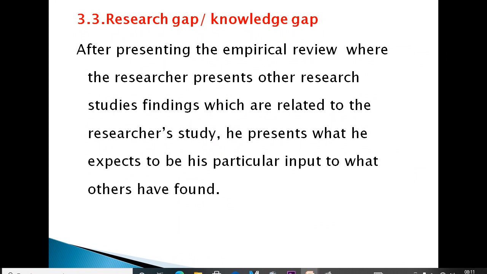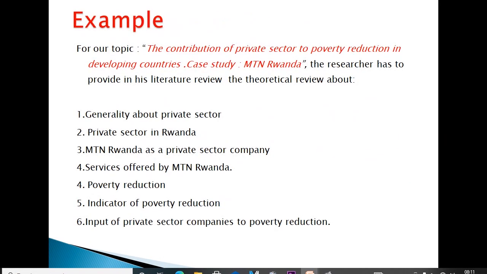So after presenting the empirical review, where the researcher presents other research studies' findings which are related to his study, he presents what he expected to be his particular input to what others have found, and this is what we call the research gap.